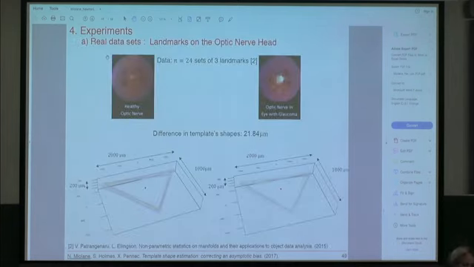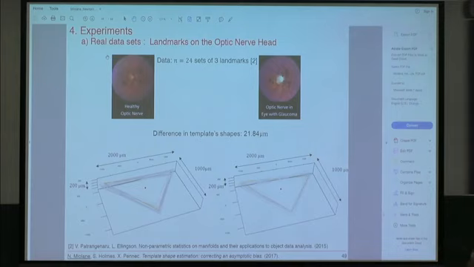And now we can go to real dataset examples. So I've shown simulations of sets of 3 landmarks in 2D. We can also take 3 landmarks in 3D, and then we get to something interesting. This was a statistical study, and they wanted to compute differences in shapes for monkeys that had healthy optic nerves and monkeys that had an optic nerve with glaucoma.